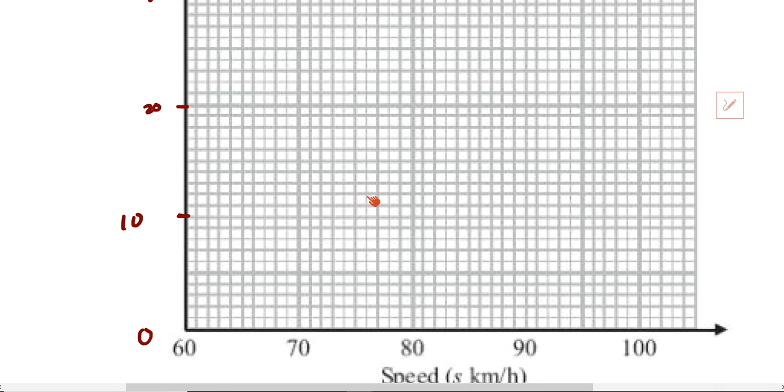So what's the frequency of the 60 to 65? 15. So I'm going to go across to 15, and I'm going to put my line like that. That'd be the first bar. What's the next one? 65 to 70, and it's at 25. If I go up there, okay.